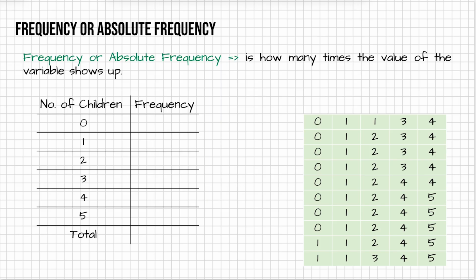So let's start counting how many times 0 appears in the data set. 1, 2, 3, 4, 5, 6, 7, 8. 8 times. So the frequency of this class is 8.